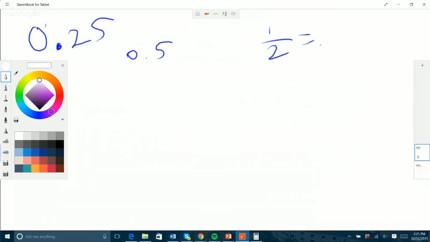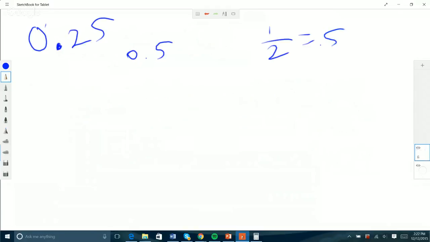Excuse me. Hang on a sec. Yeah, sorry about that. The image changed, which I don't know why it's doing that. But as you can see, fractions are similar to decimals. And I apologize for the handwriting. I'm using a non-precise but accurate stylus.